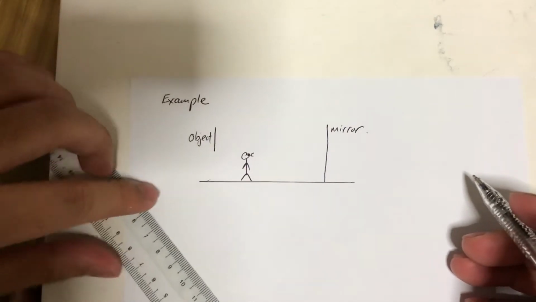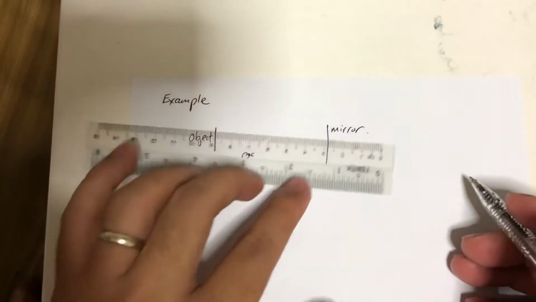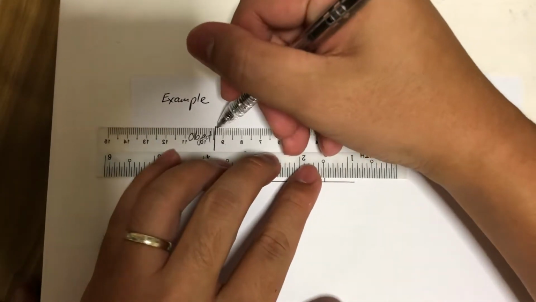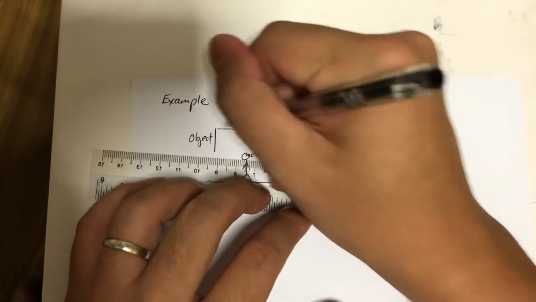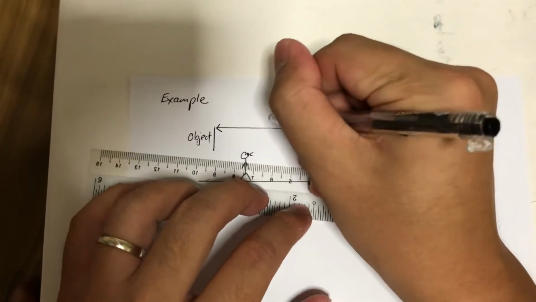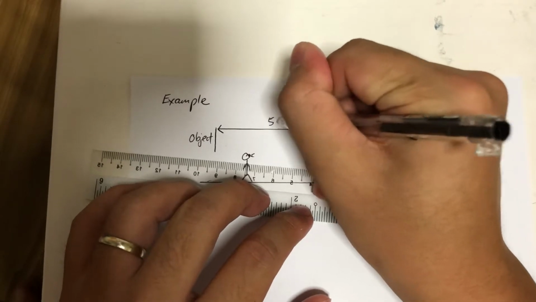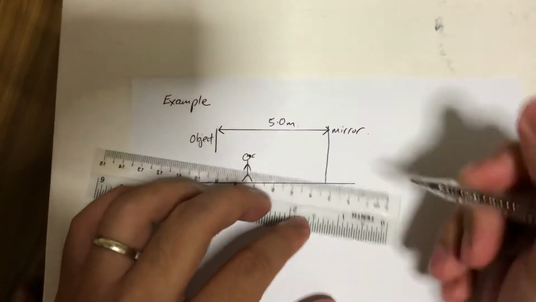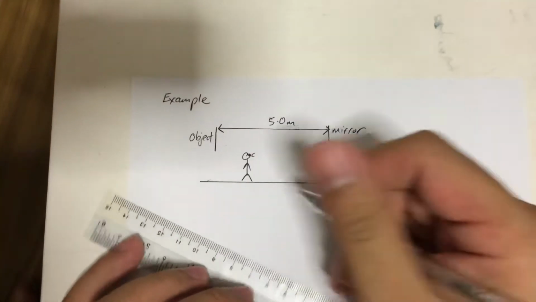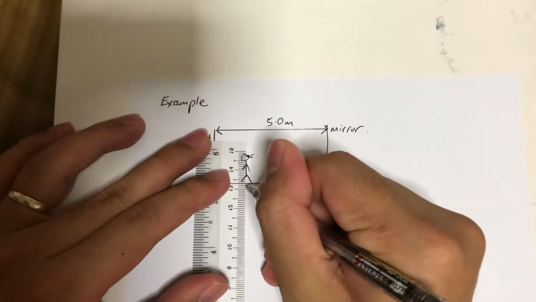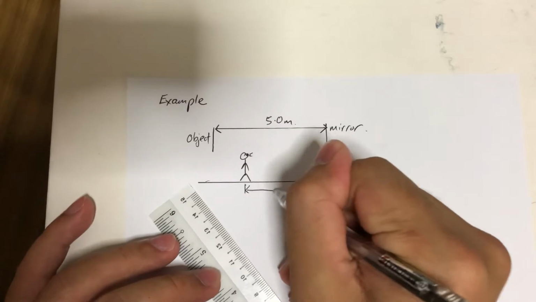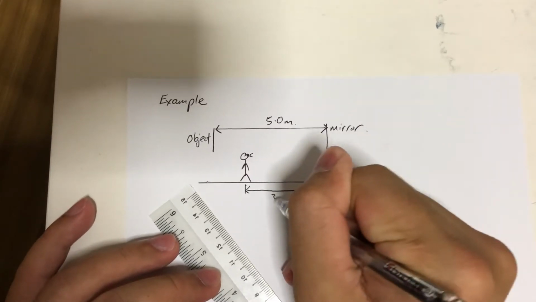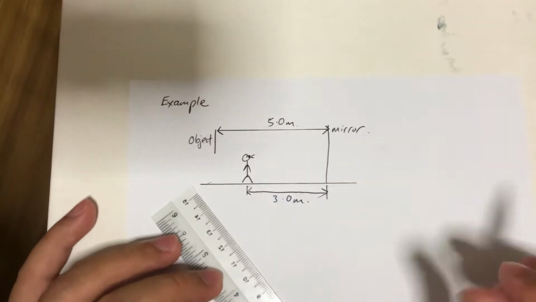I'll give you some more details here. Let's say that the distance between the chart, or the object in this case, and the mirror is 5 meters, and the distance between yourself and the mirror is maybe 3 meters.